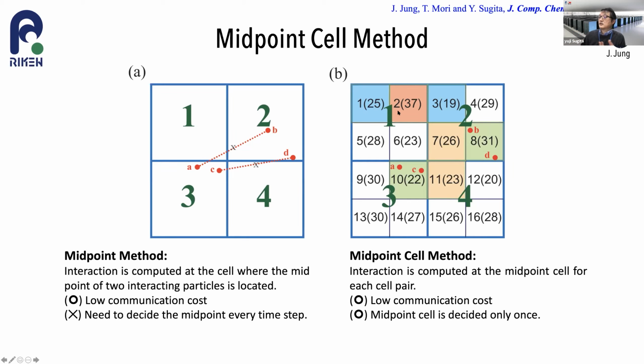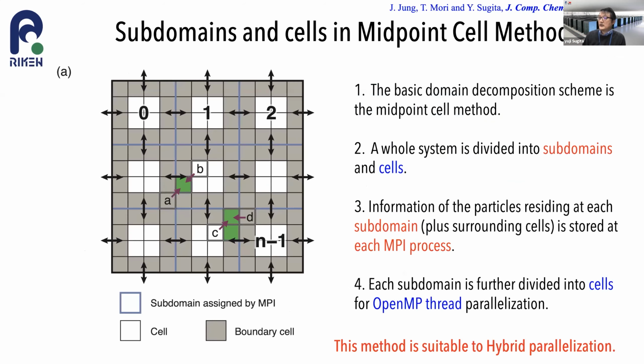So communication cost is much smaller. And also in this way, we can introduce hybrid parallelization. I mean that MPI parallelization and OpenMP thread parallelization are both naturally possible using the domain and cell division in this method.